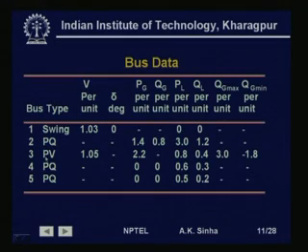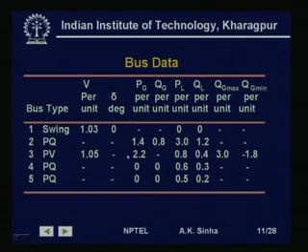Bus 3, again this is a generator bus where we have P and V specified, that is the real power generation is specified as 2.2, the voltage which is specified is 1.05. The load at this bus is 0.8 per unit PL and QL is 0.4 per unit.